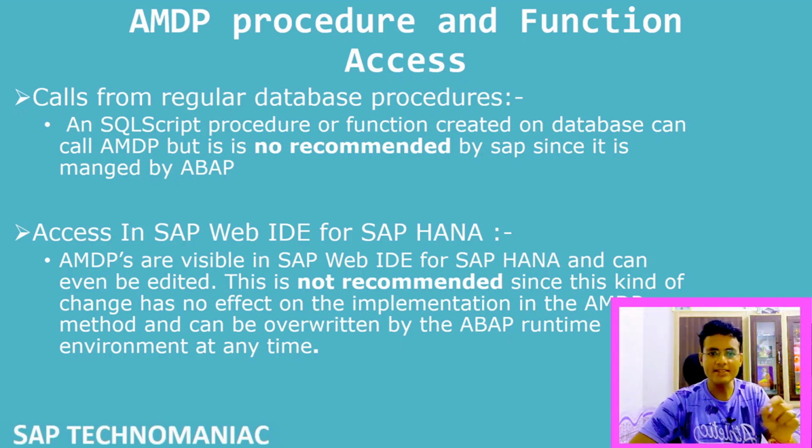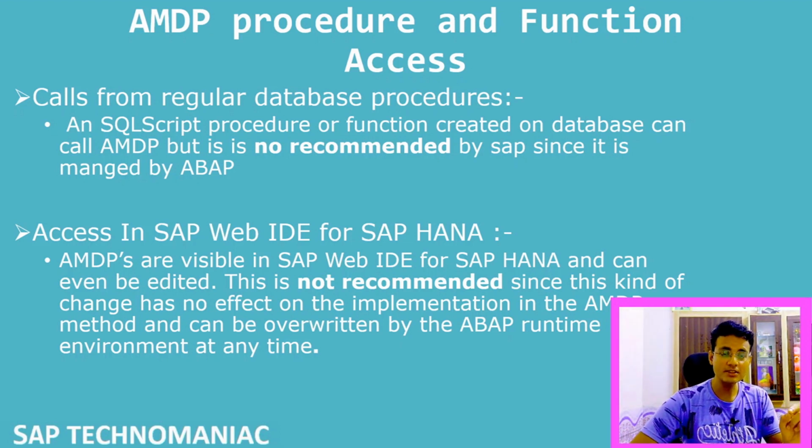SAP Web IDE for SAP HANA is where we develop our calculation views, analytical views and similar things directly in the SAP HANA development environment. There we can also see that AMDPs are visible and we can change them as well, but we should not change them there. Why?